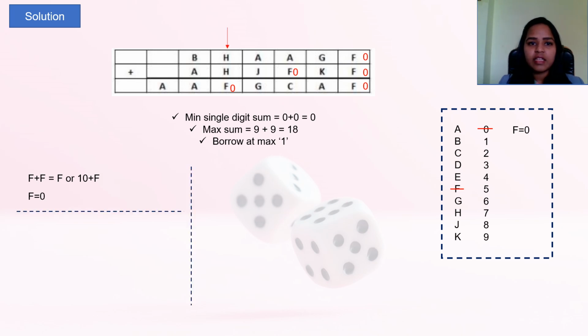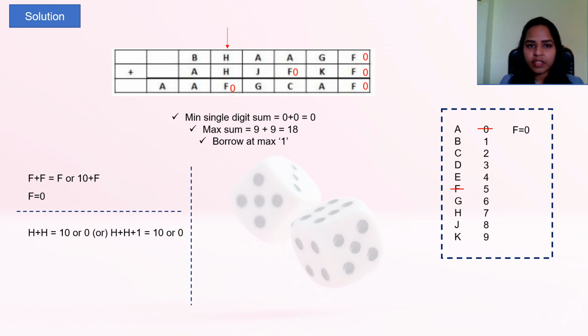Next, let's look at this column where H plus H is equal to 0 or 10 with 1 carried. Right? Or H plus H plus 1, imagining 1 is carried from the previous column, is equal to 10 or 0. But 10 or 0 are even. So it's not possible for 1 to be carried.